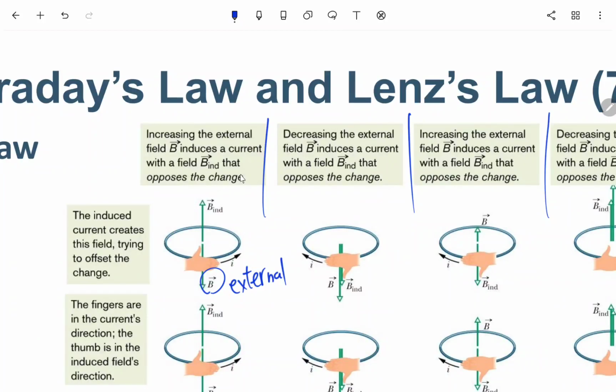Okay, so in such a way, if this B field is pointing downward and increasing, the magnetic flux pointing downward is also increasing. Okay, so this loop will try to generate a B field which is pointing upward.